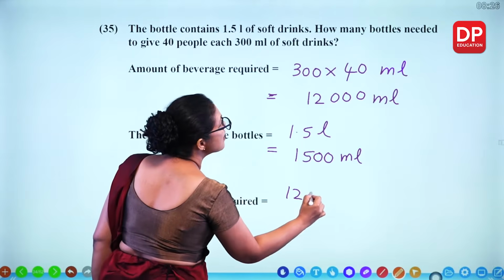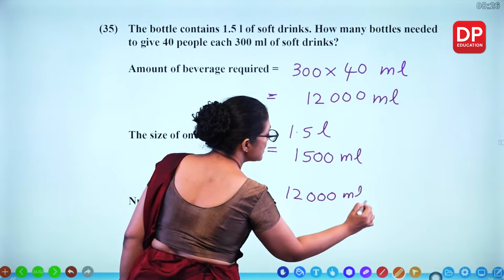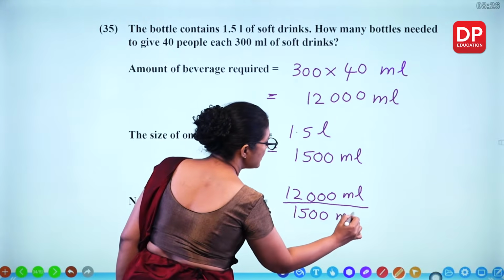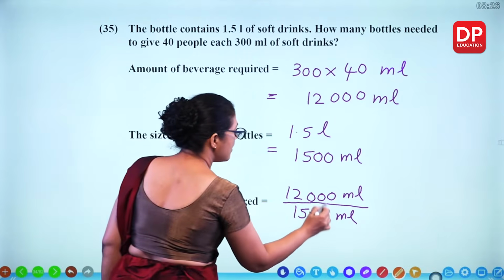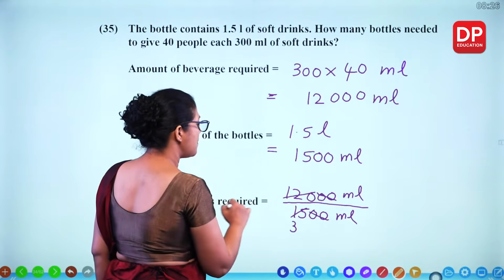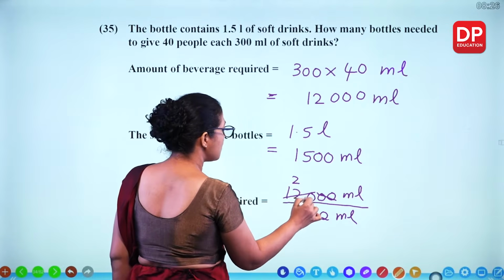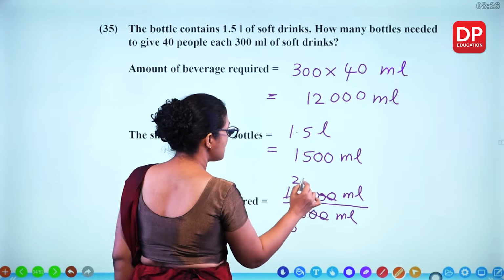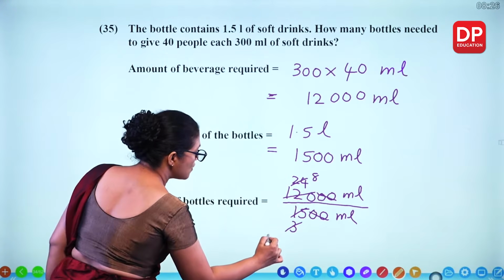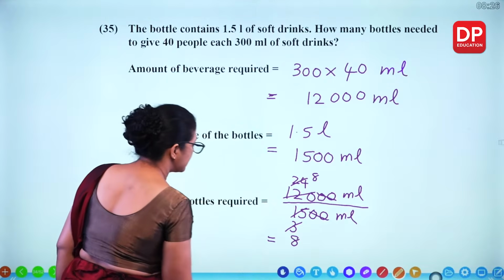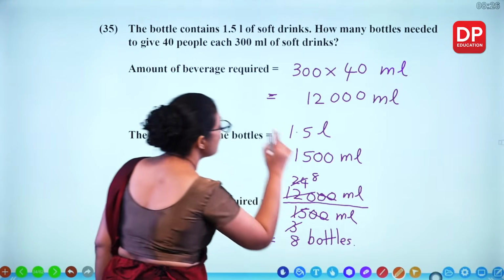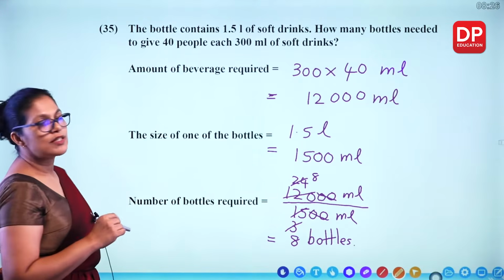We need 12,000 milliliters and one bottle is 1500 milliliters. Divide, you get 8 bottles we need for 40 people.